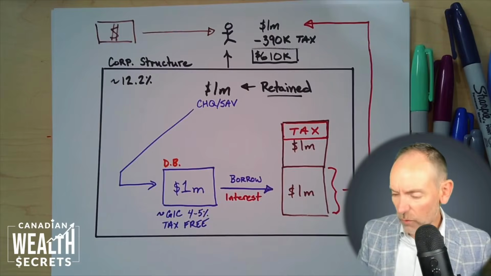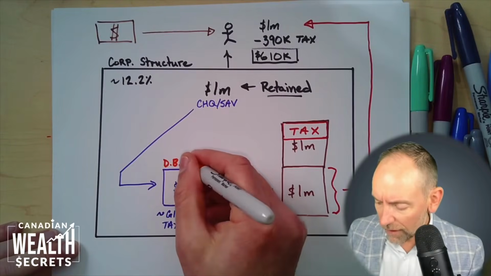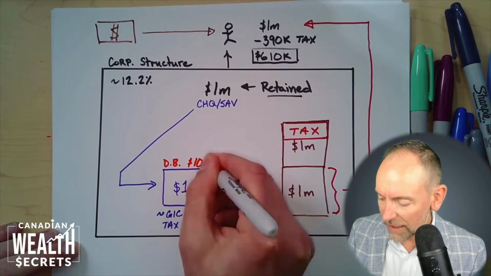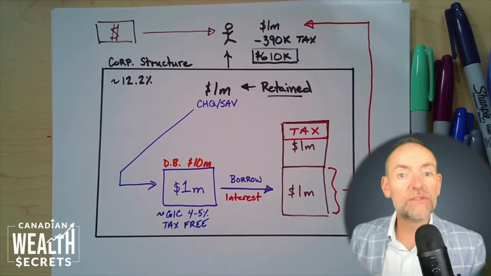And on a $1 million policy, while different ages and different health considerations can factor into this, recently when I ran a $1 million policy on an individual who was about 50 years old, we were talking north of $10 million. So I'm just going to put 10 million to keep it simple. And that's the number we're going to use for our example.